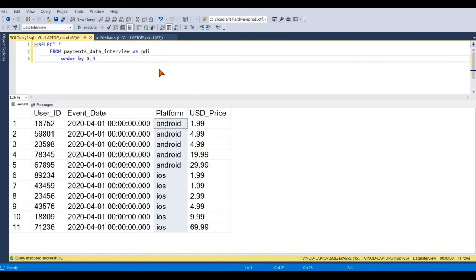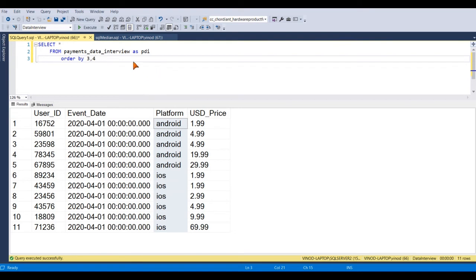Now what we want is the median based on the platform. That means for Android we have to find the median, and for iOS we have to find the median. Now let's see how to implement this in SQL and write the logic.